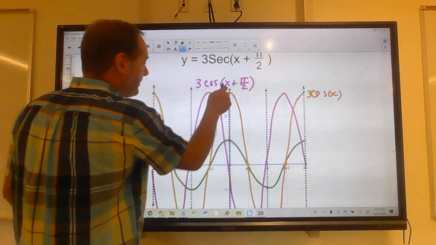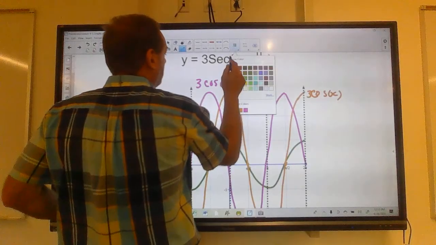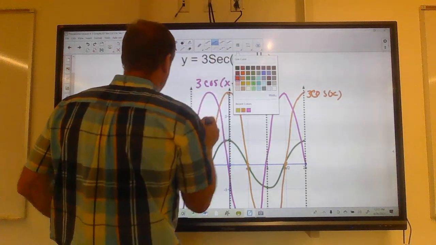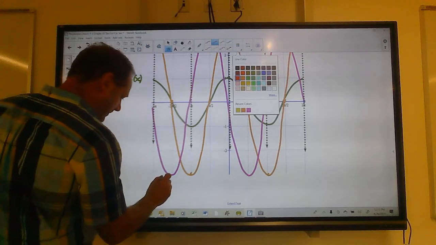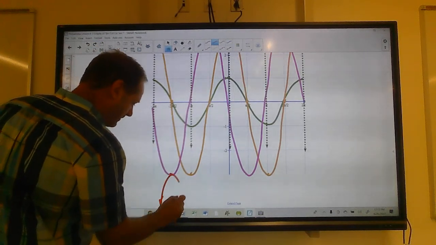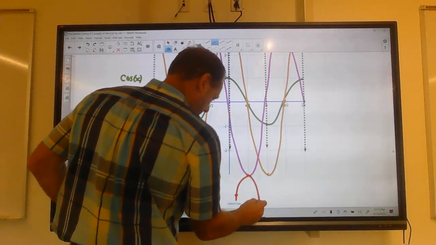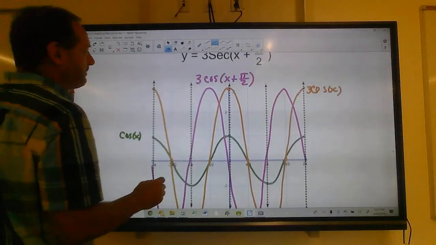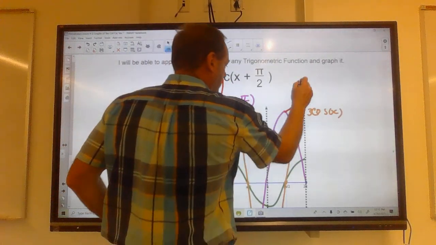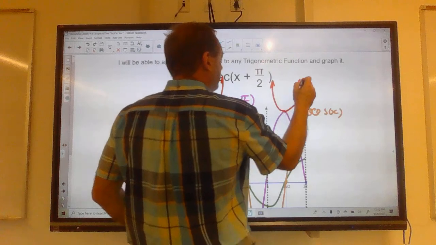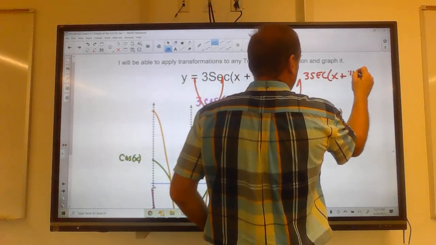Everywhere that this one is 0, I'm going to have an asymptote. And now I can do the secant. So the secant is going to be negative down here. So this is going to go like this. And it's also going to be negative here. And it's going to be positive here. And positive here. So this would be 3 secant x plus pi over 2.